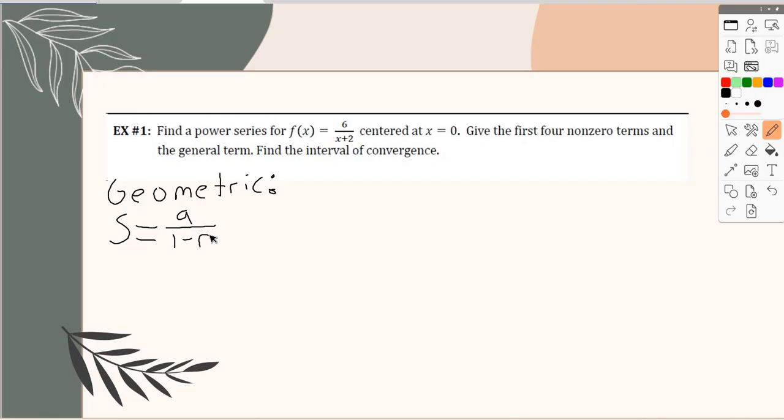So the first thing we need to do, though, is if I'm looking at f of x, we're not quite in the correct form. So first I'm going to switch my constant and my x. And then what do I need that to be? 1. So what would I do?